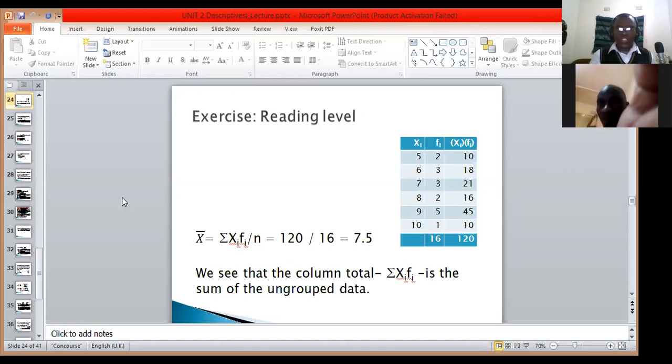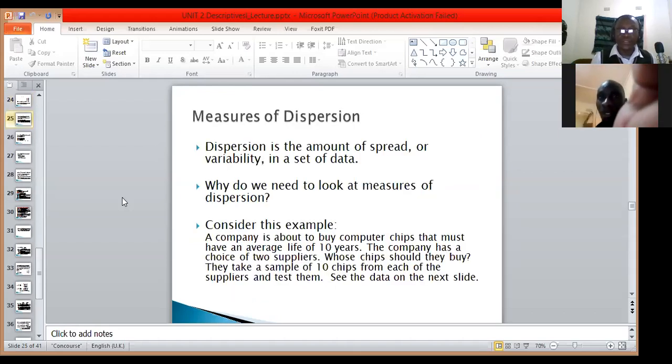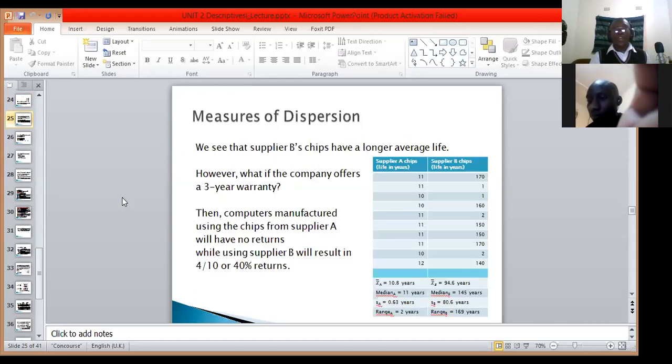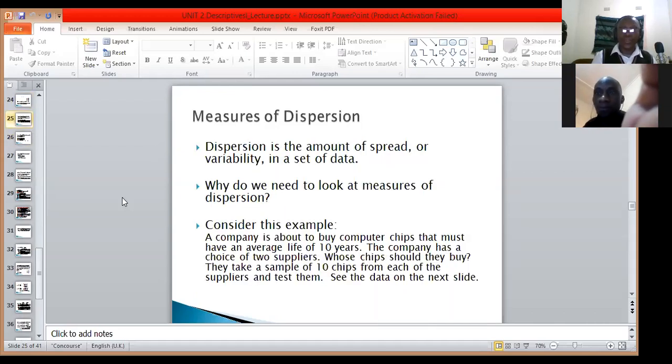Are you able to see anything on the screen? Yes, I can see measures of dispersion. Dispersion is the amount of spread. So we want to start looking at this topic, measures of dispersion.